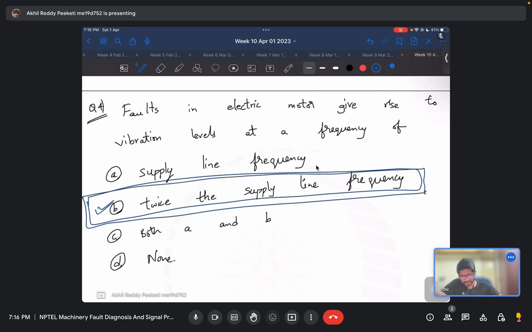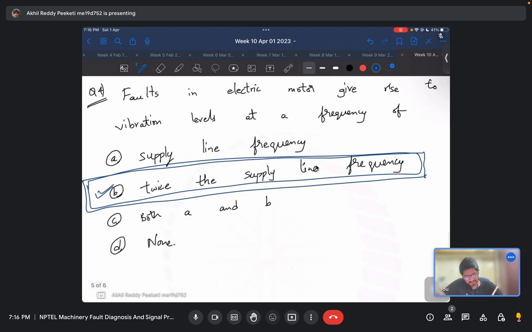So this is when you are doing vibration analysis for an electric motor. If you are seeing any vibrations at twice the supply line frequency, then you can characterize that there is an error or fault in the motor. So let's say this is the supply line frequency Fs. Without any fault, you should only see one peak at the supply line frequency.